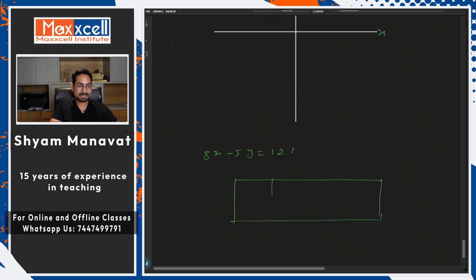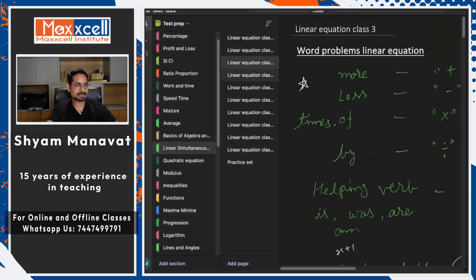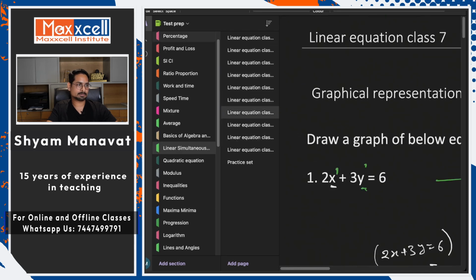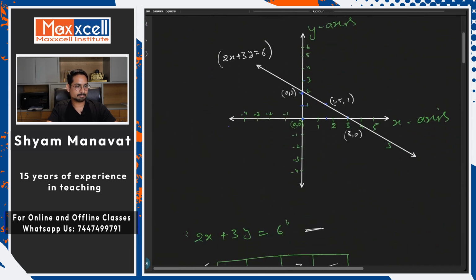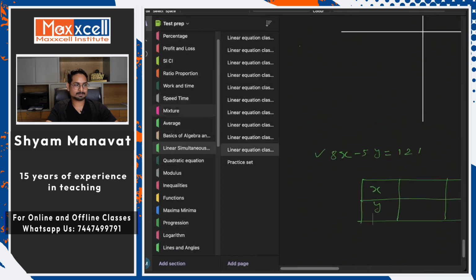My shorter way to do this, because I know this is a linear equation, it is supposed to give you a straight line, right? And to draw a particular straight line, you need a minimum of 2 points, and you join these 2 points, you're done. And how did we used to get those 2 points? If you remember the graphical representation, I used to take x value 0 once and then y equal to 0 once, and that's how we used to get 2 points, right?